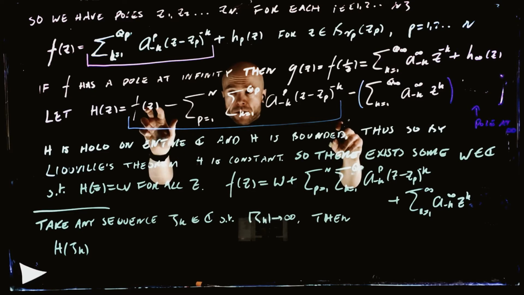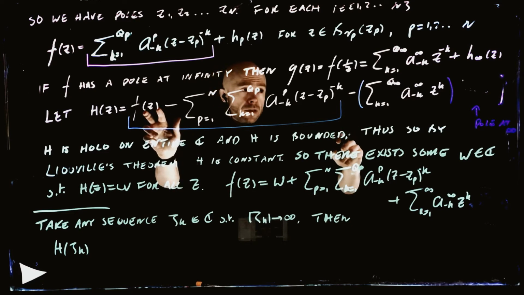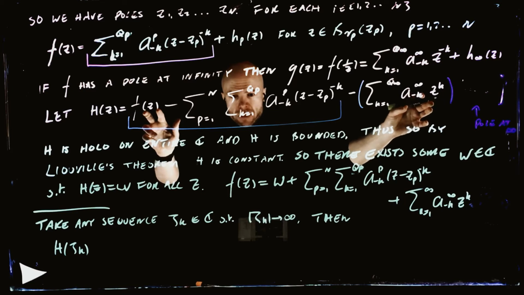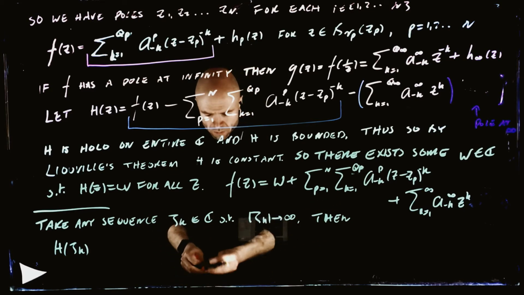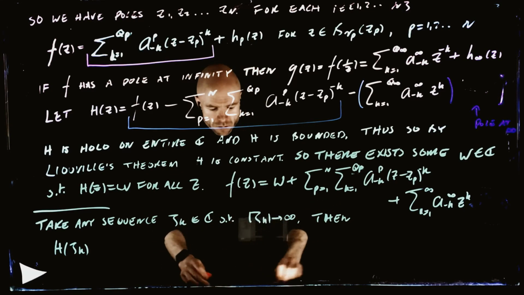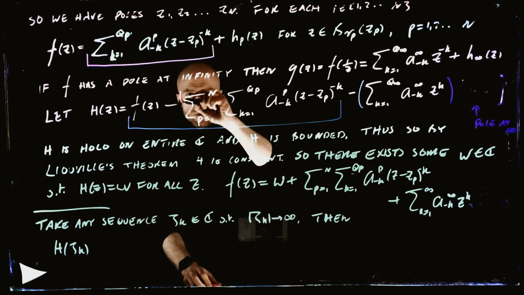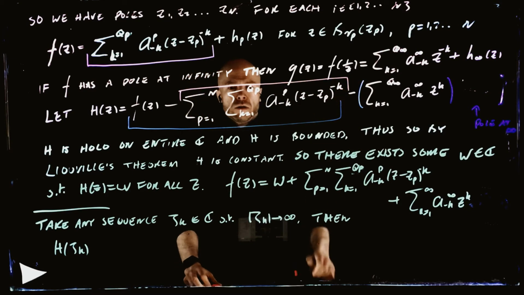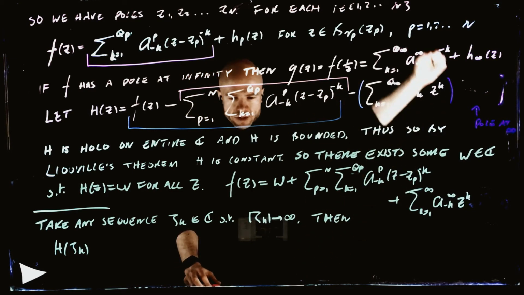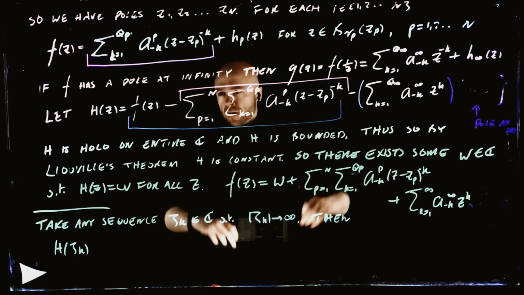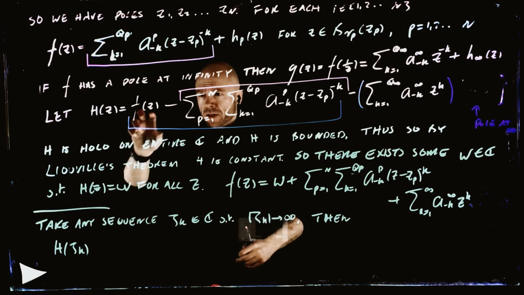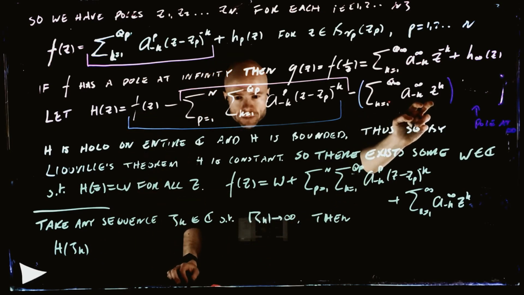So what we have is f of zeta k minus this stuff. Since this stuff here is all negative powers, as zeta k goes to infinity this thing is just going down to 0. So we don't care about that. All we care about is this thing subtracting this thing.